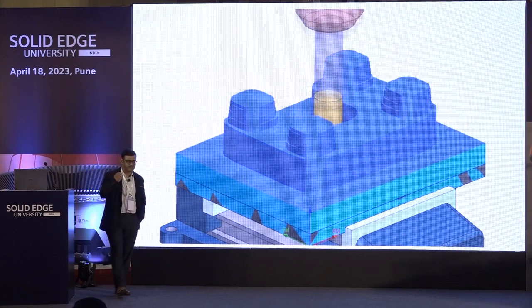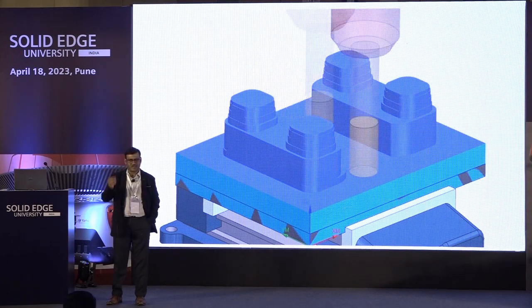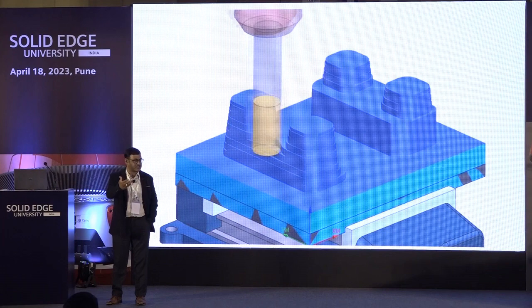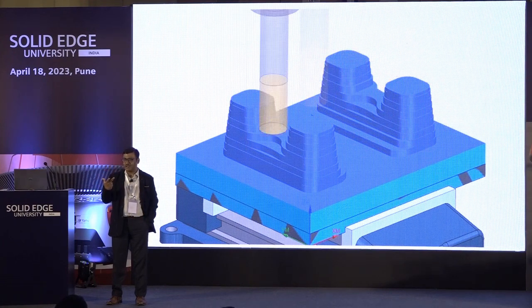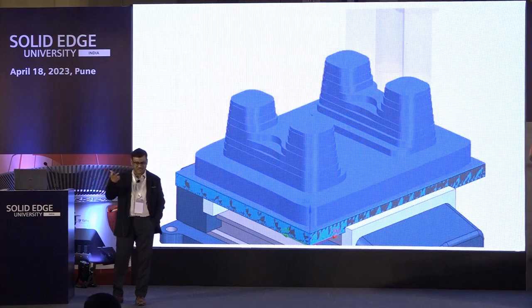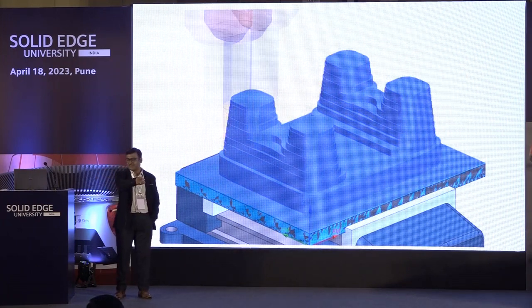What we say is, these are all digital tools. Please remember, this is not costing any money for any of us because we are validating digitally. Is there any collision? Is there any interference? How much cycle time is it taking? Is it taking 30 minutes? Is it taking 10 minutes? Can I optimize the toolpath at this stage?